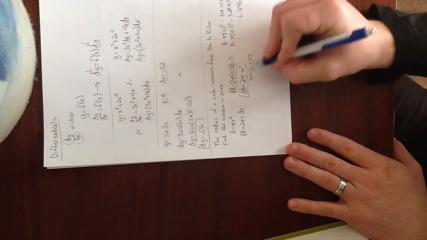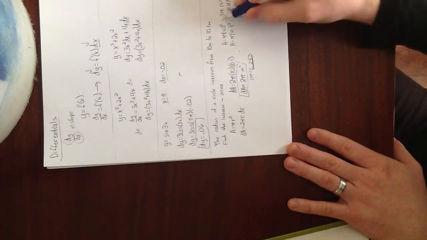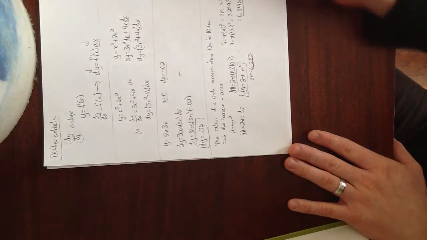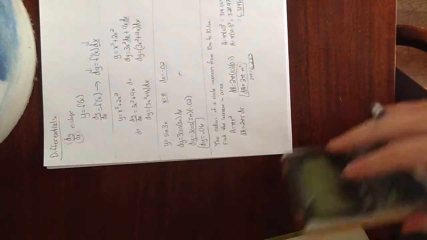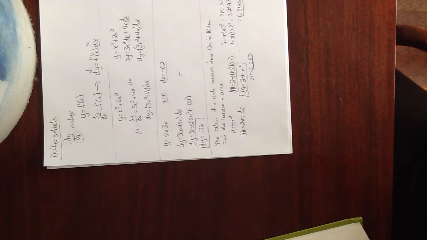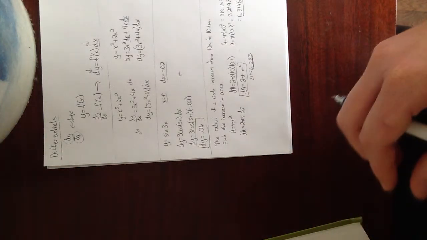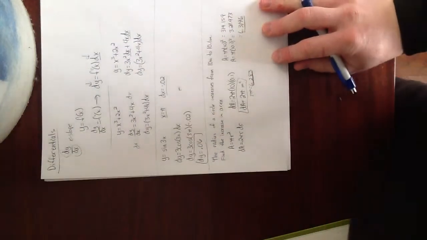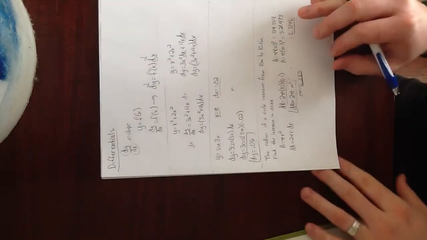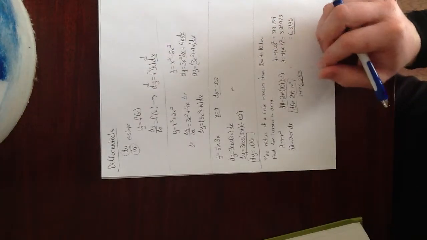Our calculated change in area doing it this way was 6.28. The real change in area was 6.31. Pretty close. And this is basically how your homework is today. Just do a couple more here.